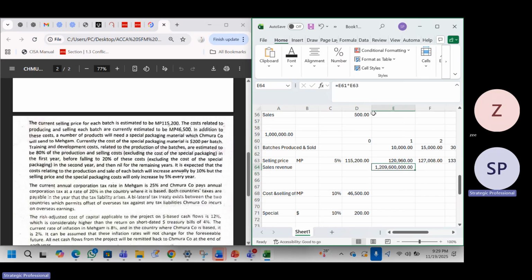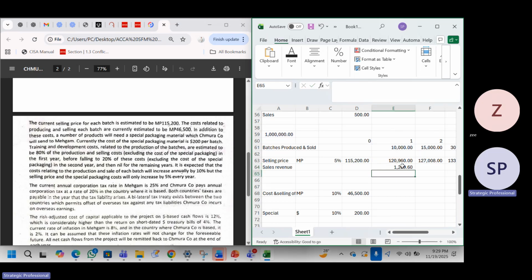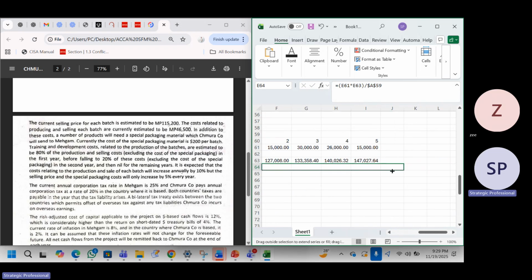But because I want it in millions, don't forget we're recording in millions, I will divide it by 1 million. Because it's millions we're recording it. So this is millions now. And I can do that for all lines. I think we're clear.